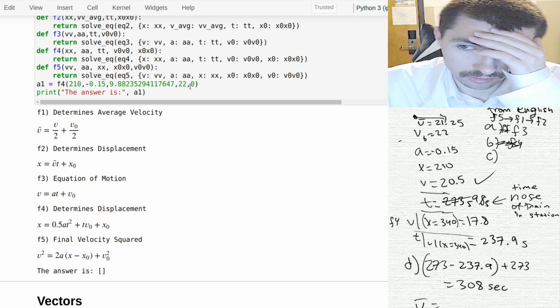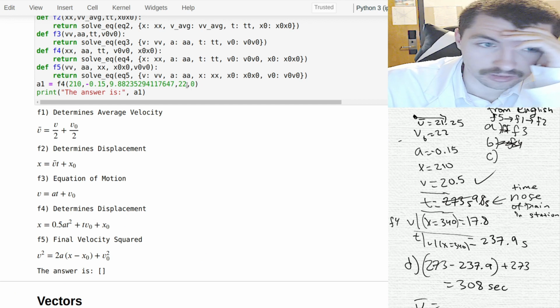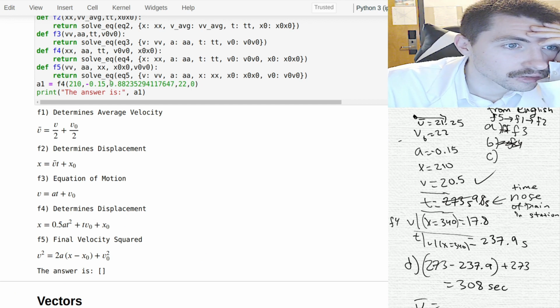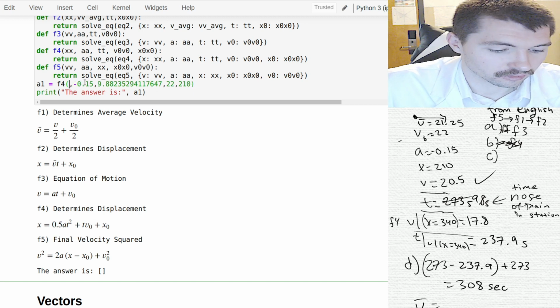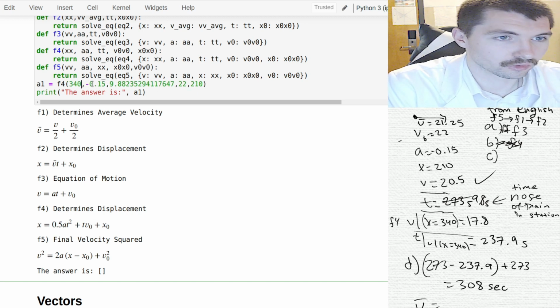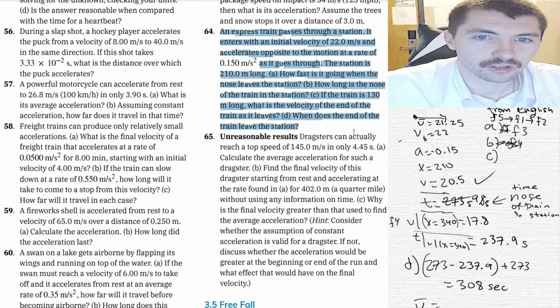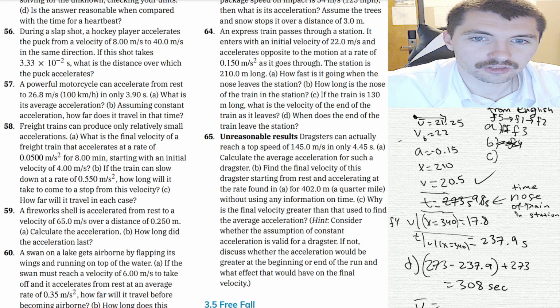So what are we solving for? X, okay, so we're gonna say 210 was X naught, we do 340. Okay. 340.